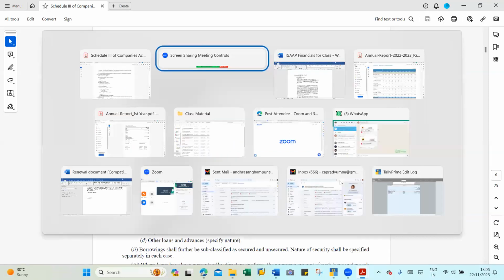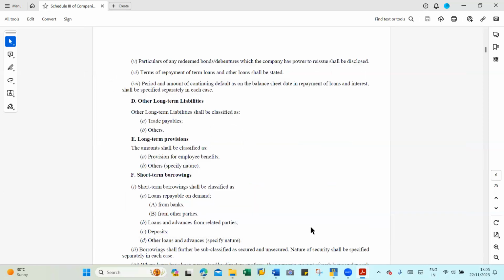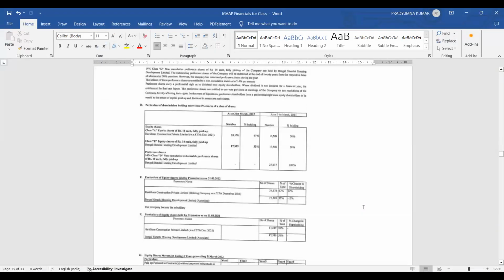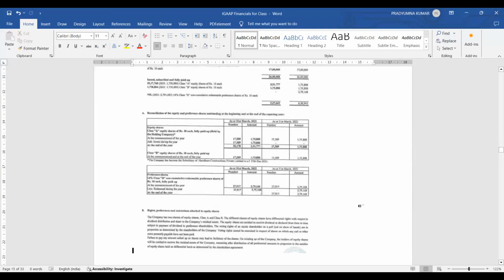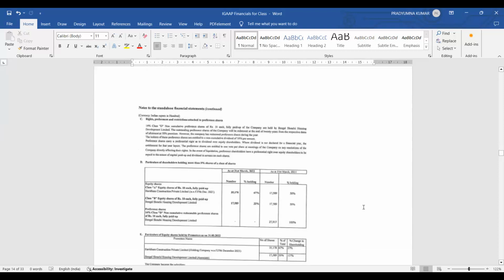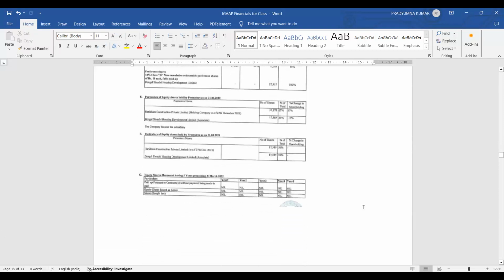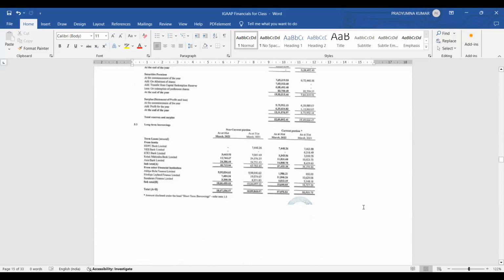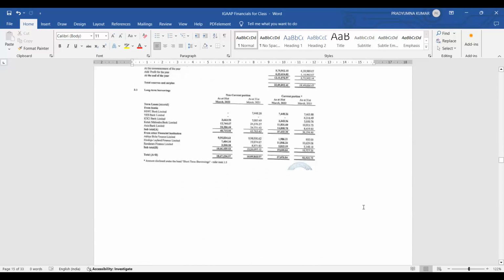Now I will show you that balance sheet which we are discussing. So equity is over. I will share these things. Reserves and surplus. You see here long-term borrowings.